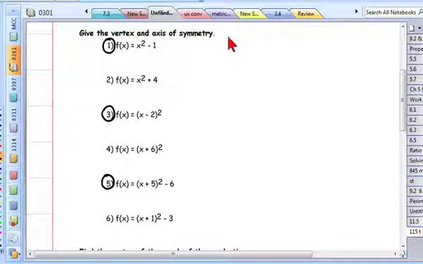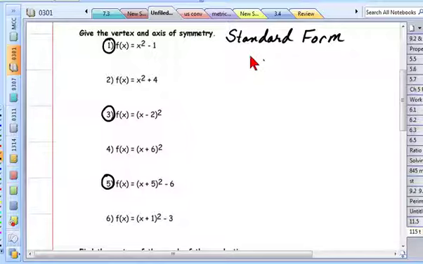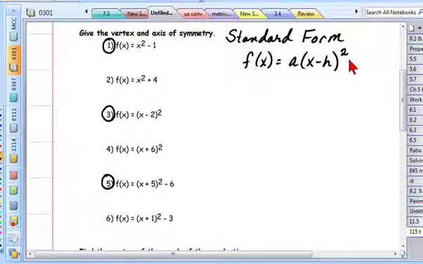All of these are in standard form. Okay, and remember, standard form is f of x is equal to a parentheses x minus h, quantity squared, plus k.